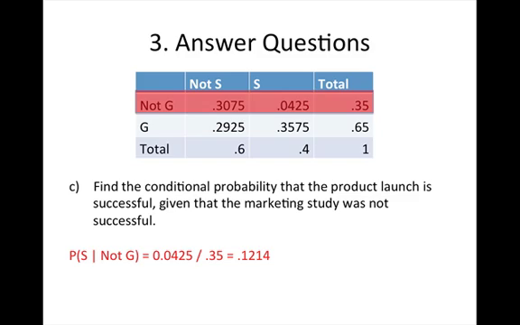If the marketing study says don't do it, what's the chance that you still have a winner? You're missing an opportunity in essence. That would be how big is this cell, 0.0425, relative to the row. So there's about a 12% chance that if the marketing research comes back and says don't do this, you're really missing an opportunity.